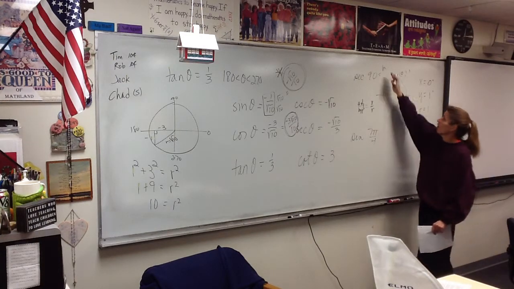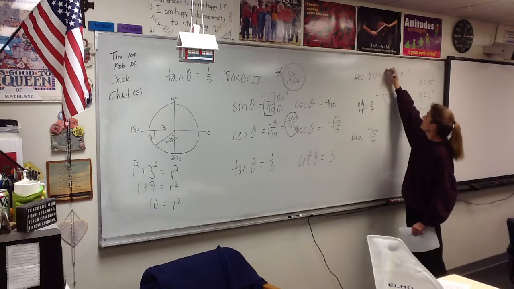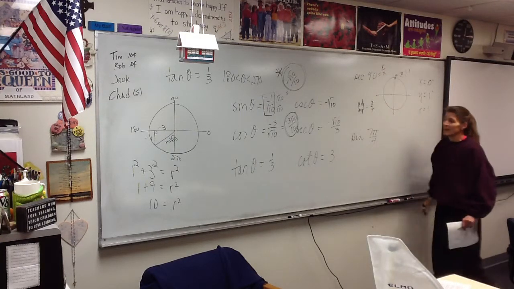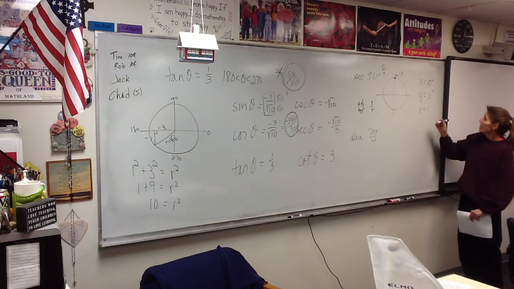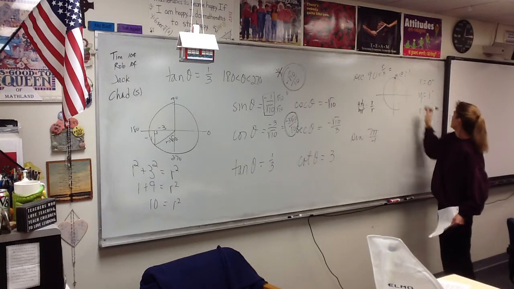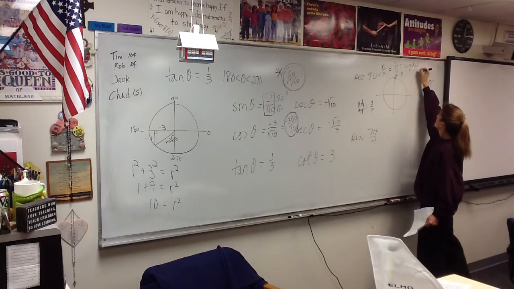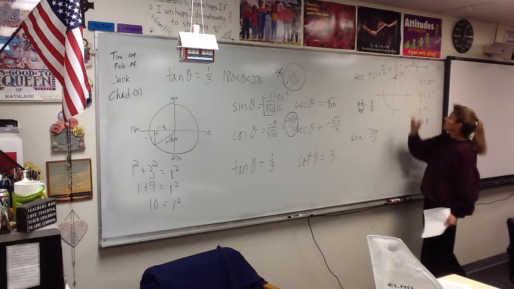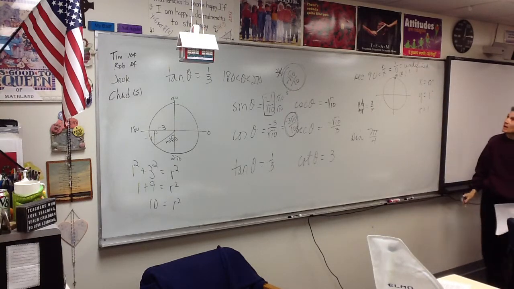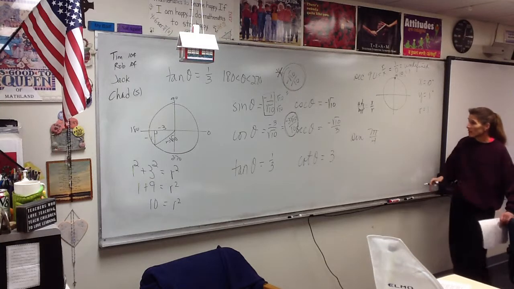Cosine is x over r, which means secant will be r over x. So when I put my r value over my x value, I can't divide by zero, so I am undefined. The secant of 90 is undefined.